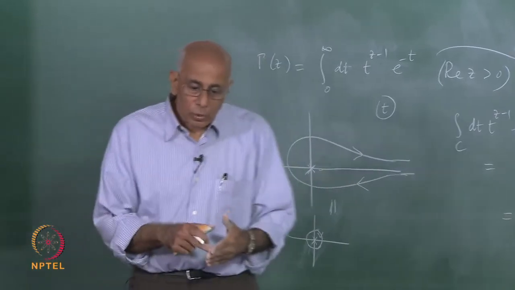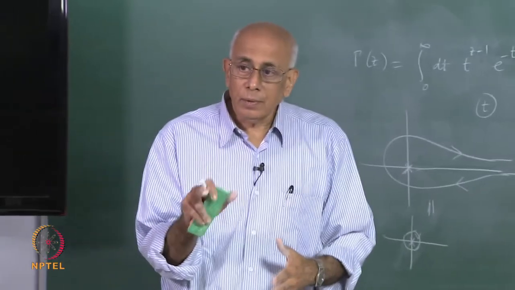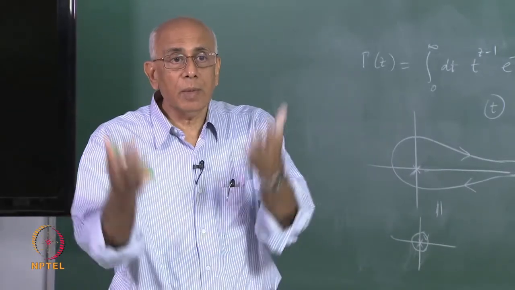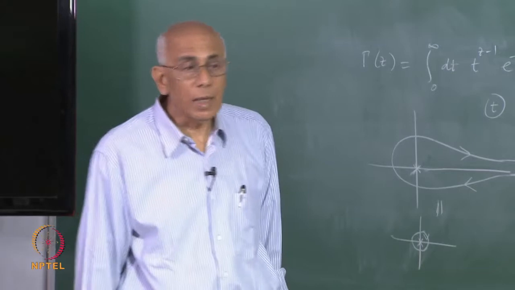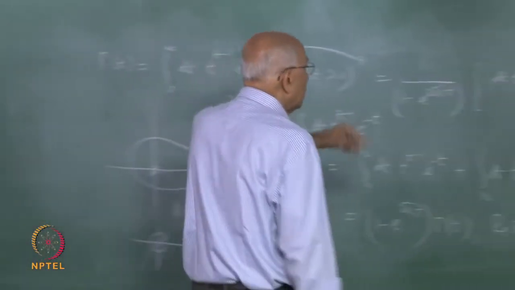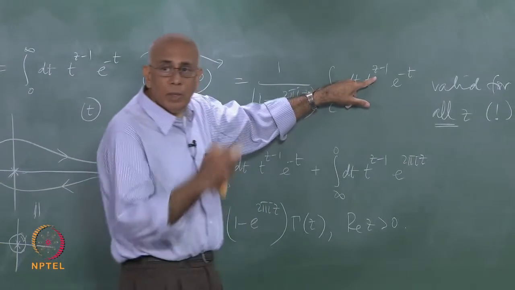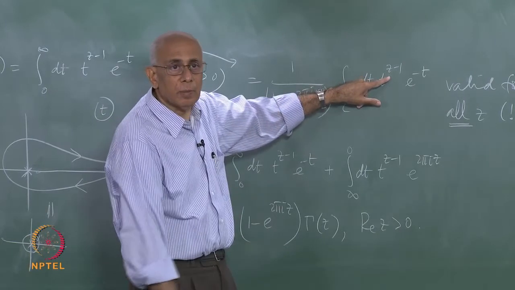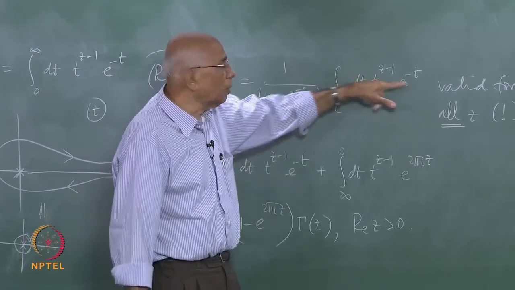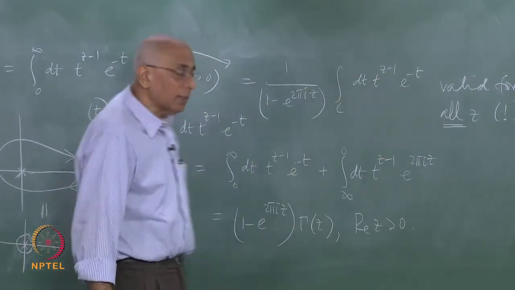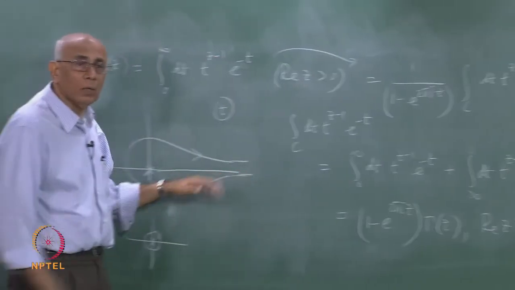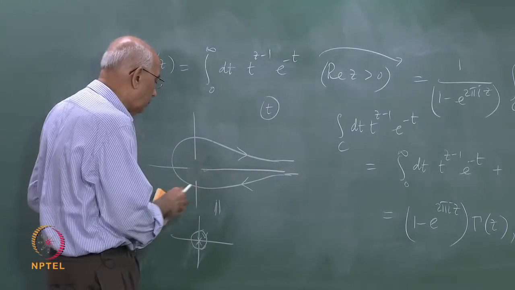But we also know that when z is a positive integer, this function is regular, it is n minus 1 factorial. That should show up too, and that is tricky, because if z becomes a positive integer like 6 for example, you have dt t to the power 5 e to the minus t, and there is no cut here at all and no singularity here at all.